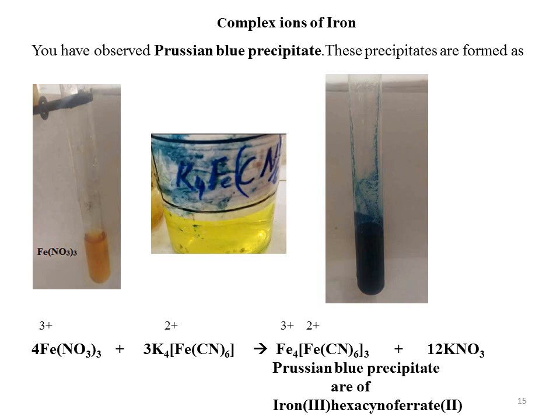So the product Prussian blue precipitate appeared as iron 3, जो कि हमारे पास outside the sphere मौजूद है, hexacyanoferrate, इसमें iron inside the coordination sphere plus 2 oxidation state में मौजूद है. So this is a complex compound in which two different oxidation states of iron are present in this single complex compound.